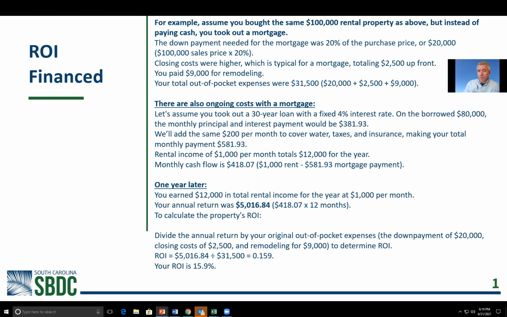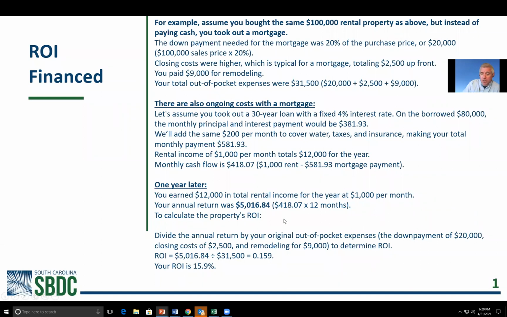So your monthly cash flow is $418, and you get that number by subtracting the $581.93 in expenses from the $1,000 a month. The $381 in mortgage, $200 in other expenses. So it leaves you with $418.07 left over.